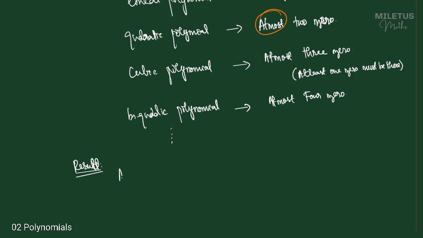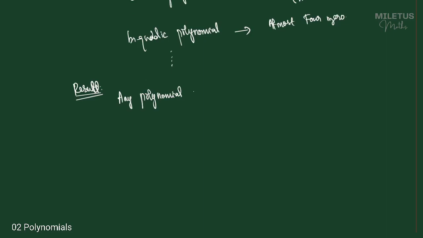Okay, fine. So I'm going to give you this result. Any polynomial of even degree has no guarantee that it will have a zero.